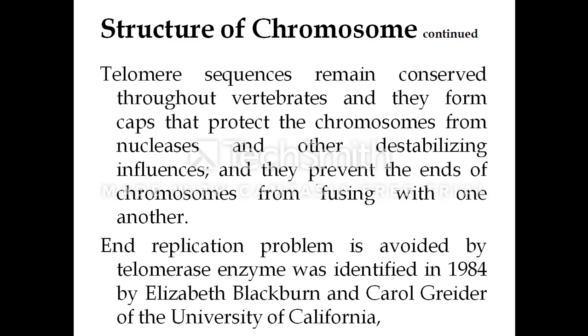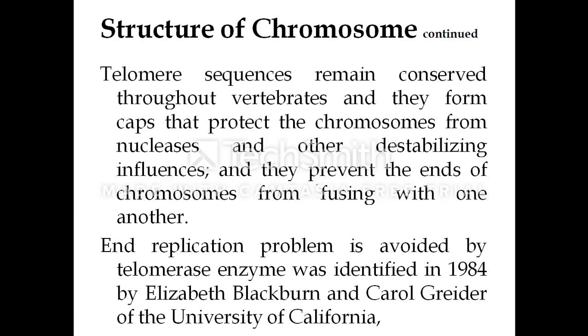This is regarding the structure of the chromosome. One more thing is the primary constriction, or the centromere region. The number of centromeres will vary from one organism to another, and the centromere may be one in a chromosome or maybe two.